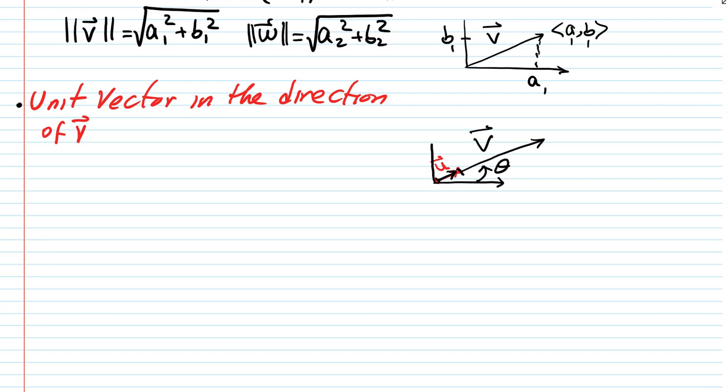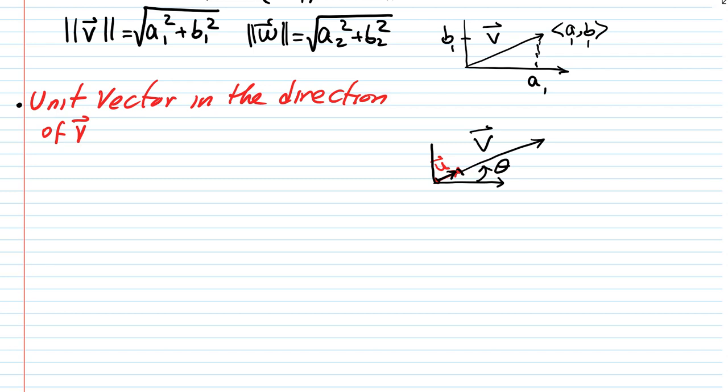Now the proof of this, just to show you that it is a unit vector: if I call vector v using its components, let's say a, b, then the magnitude of vector v from before, we know, is the square root of the sum of the squares of its components. Now vector u, which is v over the magnitude of v, is just another way of writing what I have up here.